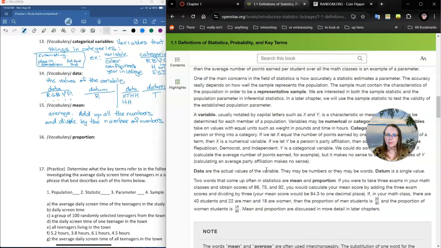And then proportion is the relationship between two different numbers. And so it's just comparing two different values. And so proportion is a comparison of two values.